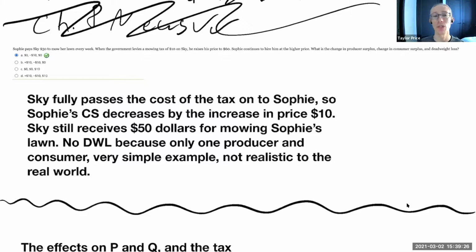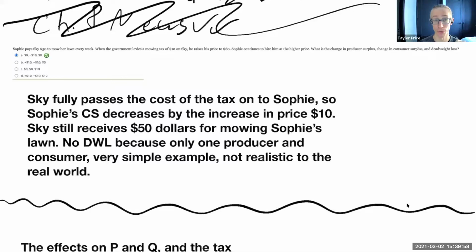So the first thing with this question is this is a super simple example. This is definitely not as complicated as the stuff we were doing in the slides. Because of that, there's only one producer and one buyer in the market. So Sky is fully able to pass the costs of the tax on to Sophie. So effectively, the money that he's making doesn't decrease.